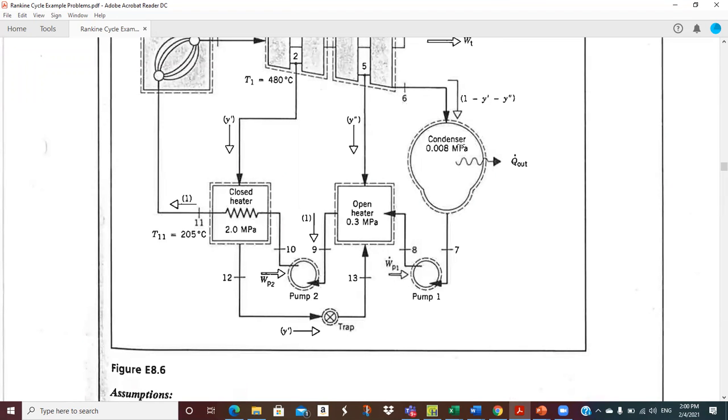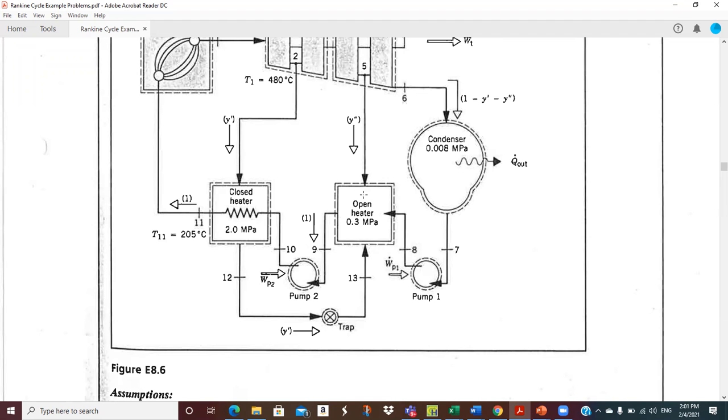And we've got 1 minus y prime minus y double prime times H8. And we've got y prime, because this is y prime over here, so it's y prime out of the bottom, gets trapped back. So this is y prime times H13.